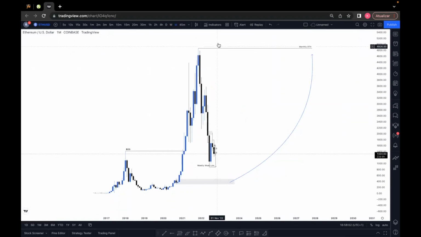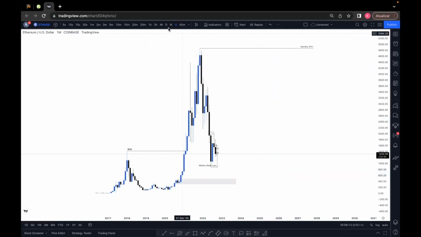So we have this monthly all-time high. I'm still waiting to see these inefficient fair value gap corrections right here, right? Pretty much price just dropping all the way down to this POI, and then we can see a push to the upside. So around $500. That's what I'm looking for on Ethereum, right?